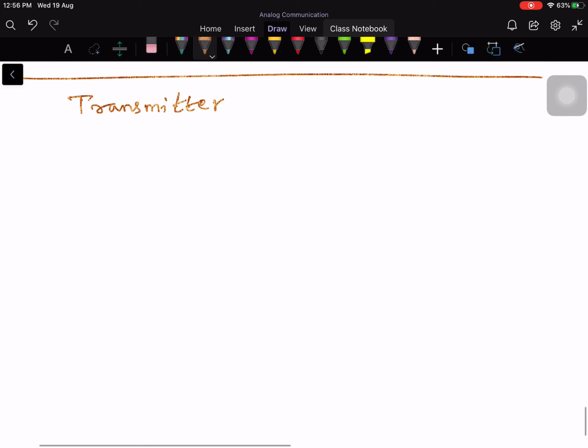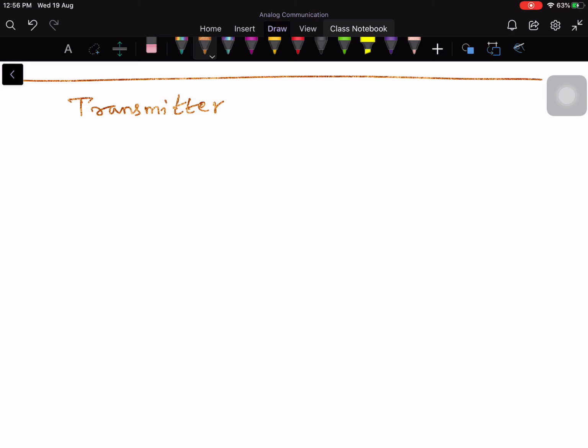So when I say matching the characteristics, what do we mean by that? Let us take an example. Let's say you want to use free space as the medium through which your signal must be transmitted. In this case, the transmitter has to radiate information into free space. So you have the transmitter. The radiation takes place through an antenna.